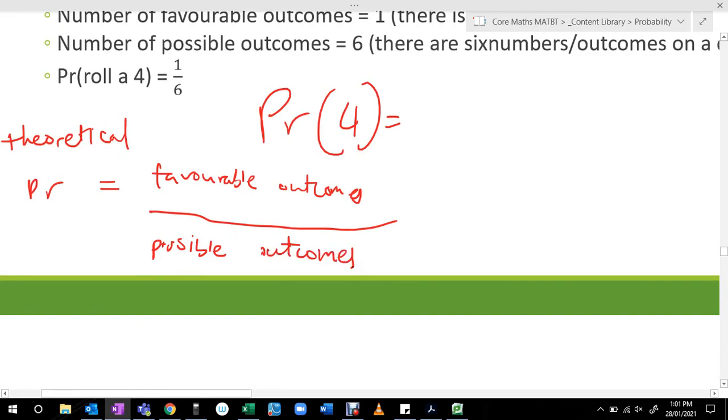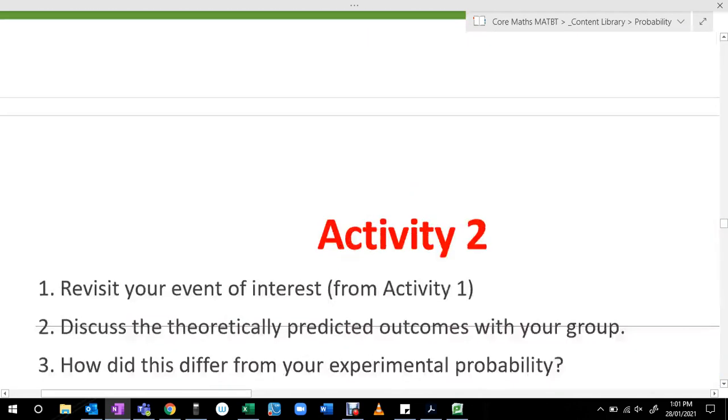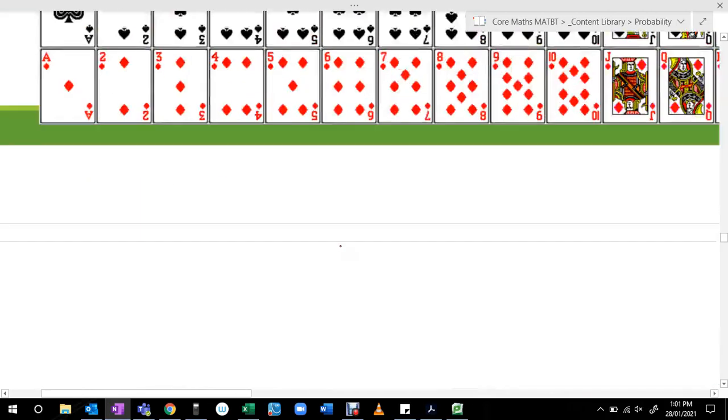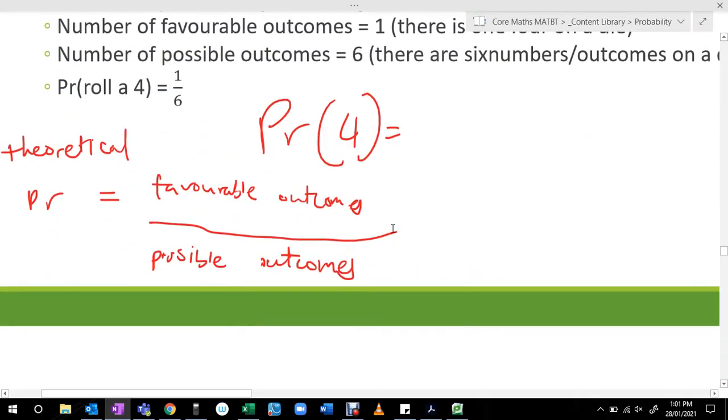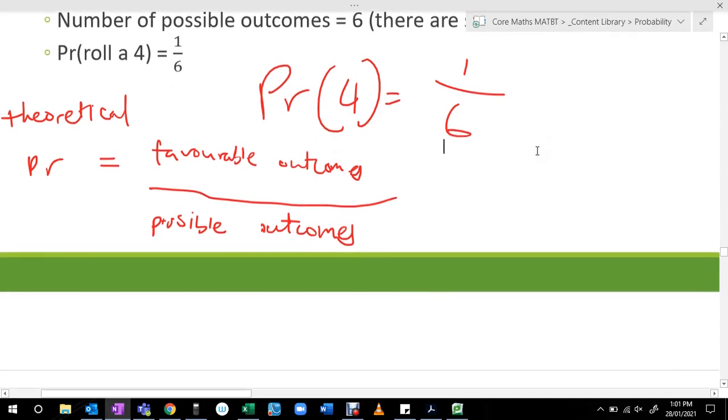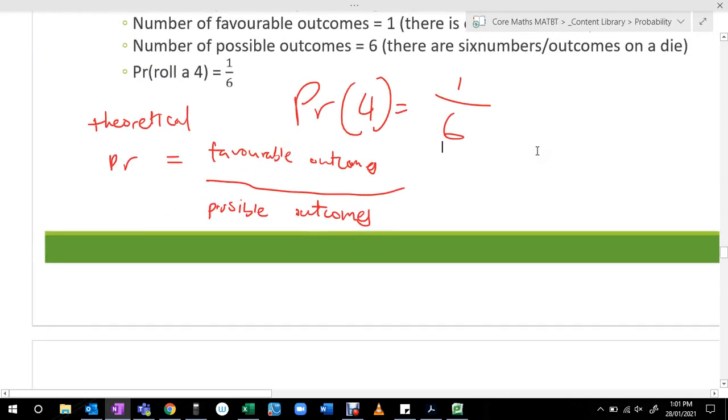I'm just rewriting it so you guys know. It's basically this. So in this case, probability of getting 4, I know that there's only one chance of getting 4, and there are 6 numbers on the dice. So it's 1 out of 6. Okay, really easy. You can make that a decimal if you wanted to.